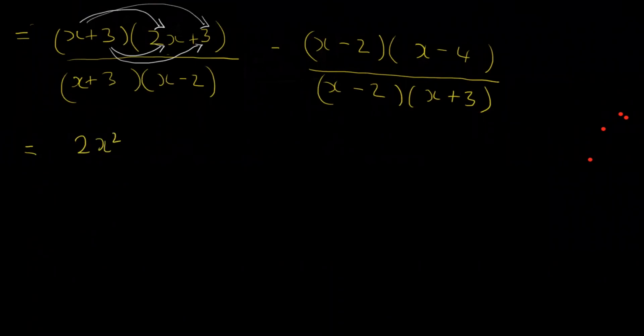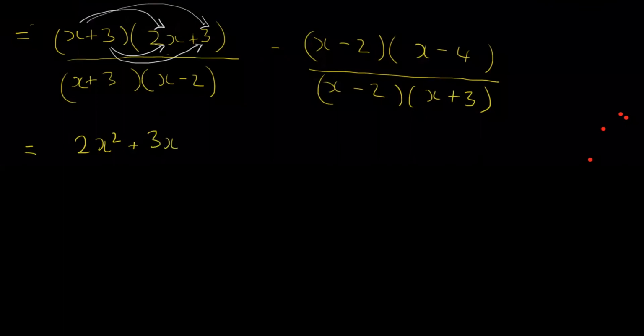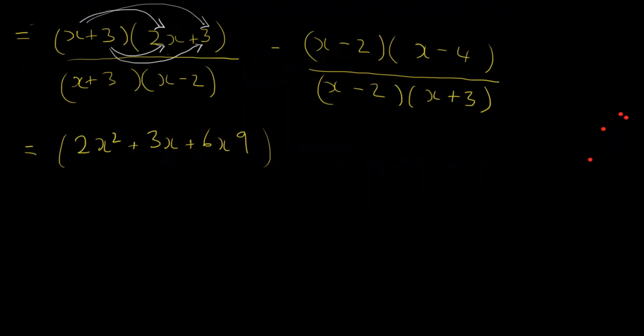What's x times 3? 3x. What's 3 times 2x? 6x. What's 3 times 3? 9. I put a bracket around that. Sorry. Okay.